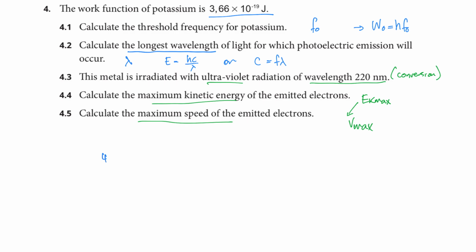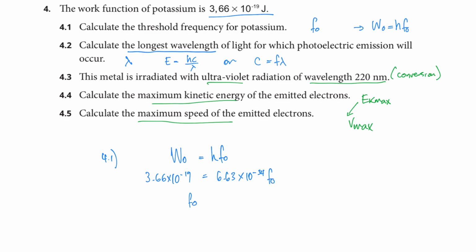All right, question 4.1. You need the threshold frequency. Work function is equal to h times f0. Our work function was given as 3.66 times 10 to the power of negative 19. Our h value we know as 6.63 times 10 to the power of negative 34, and we're looking for the threshold frequency.